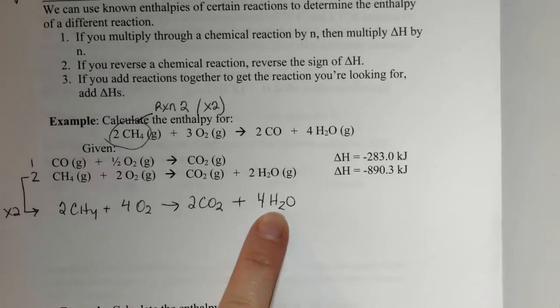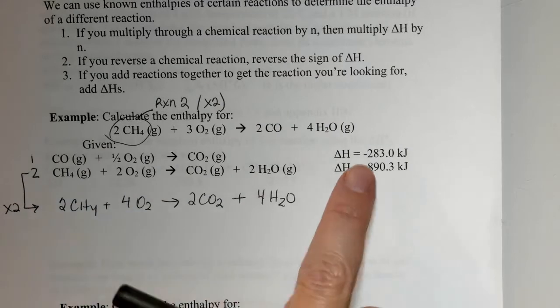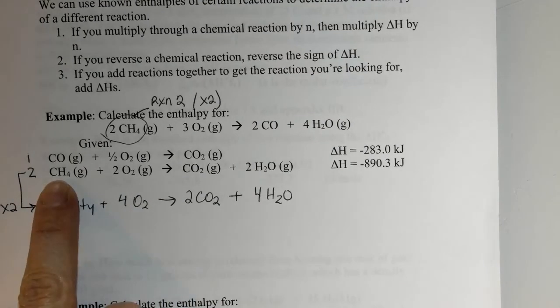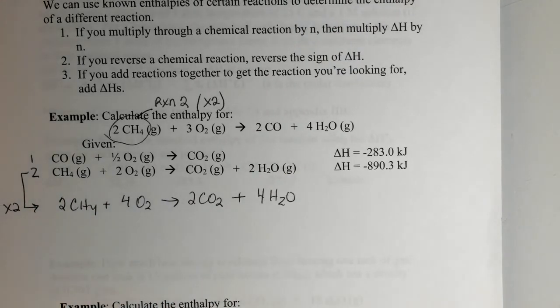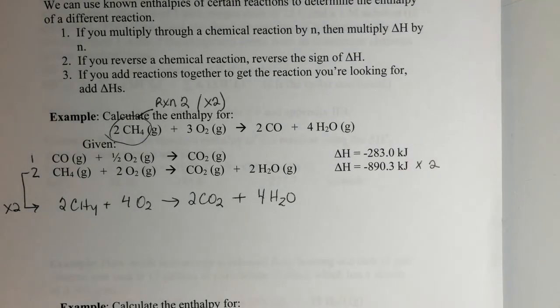And so something we talked about on the previous video is that if this methane combustion reaction releases 890.3 kilojoules for 1 mole of methane, if I do the same reaction but for 2 moles of methane, I'm going to multiply that delta H by 2. I'm going to get twice as much energy released, right? Because I have twice as much methane. And so that's rule number 1.